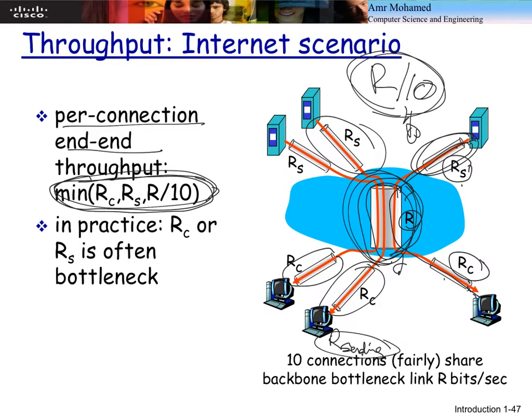In practice, this is not necessarily true in all cases. Nowadays, access networks are relatively fast, especially if you have fiber to the home technologies. More often than not, the data rates are limited by the core network.